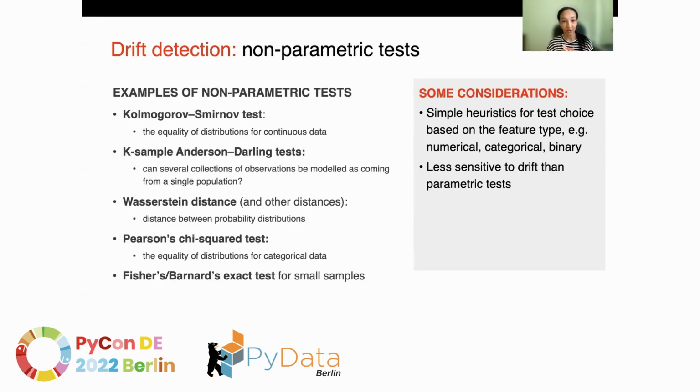An alternative approach is using non-parametric tests. These are much less demanding, right? So you can select the non-parametric tests based on just feature type, I mean numerical, categorical, binary, and some sample configurations like sample size.